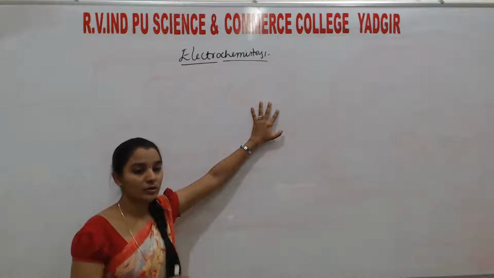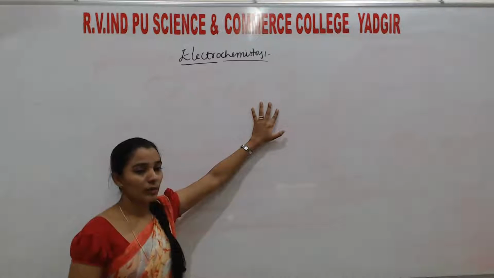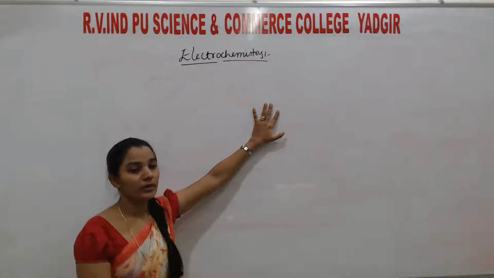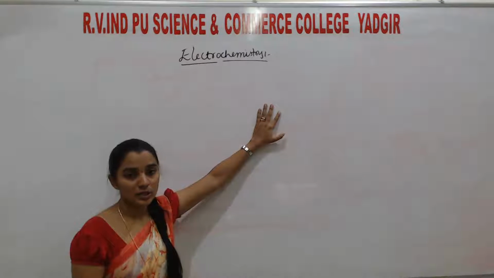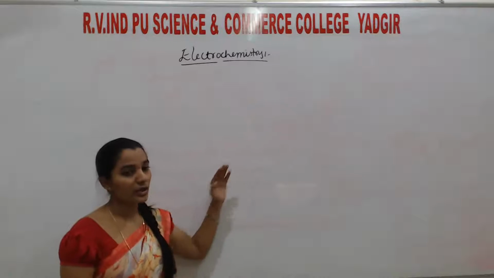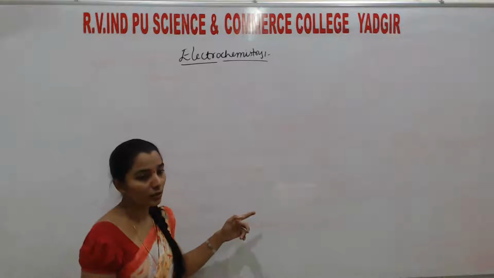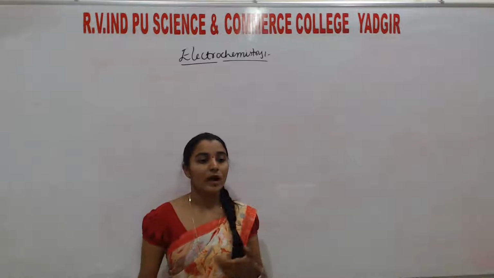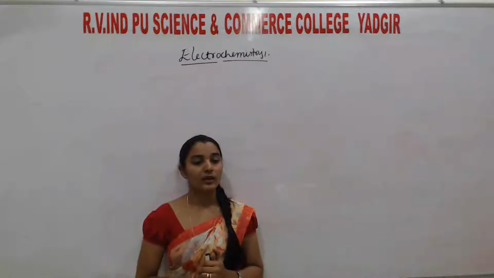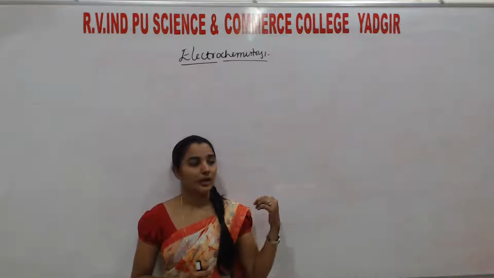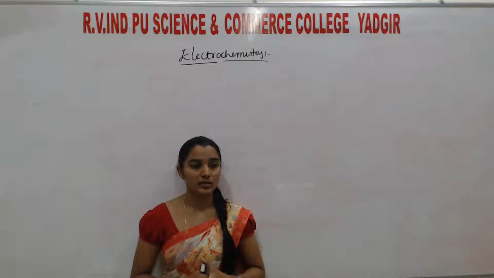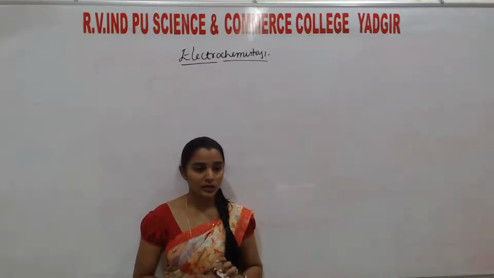The most important thing is the cell representation and cell reaction. Anode is there, cathode is there. In the anode and cathode, what type of reactions take place, and how the reaction is written by combining the anode reaction and cathode reaction, everything we are going to study in this chapter.